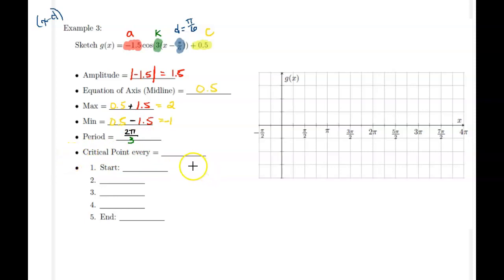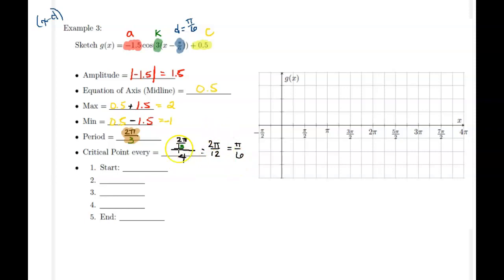Now to find the distance between each critical point, I'm going to take the value of our period, 2 pi over 3, and divide it evenly by 4, which will turn into 2 pi over 12, or when we reduce that, pi over 6.